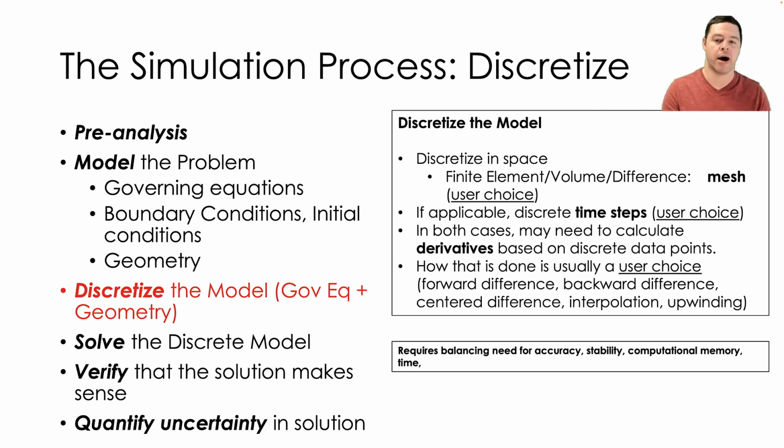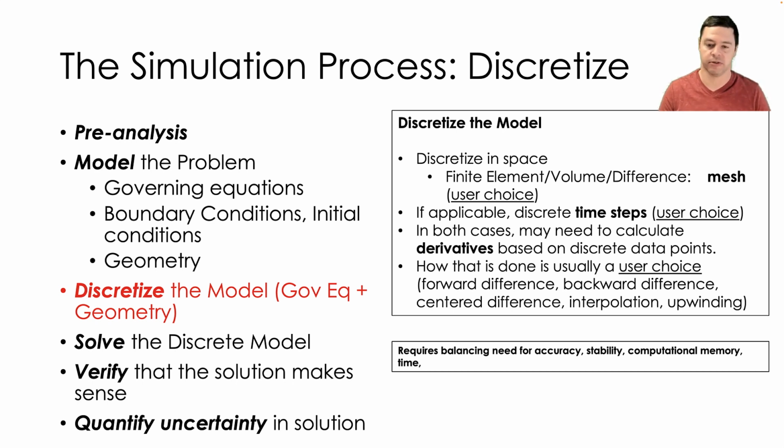So how you model the derivatives or that rate of change actually matters too. There are choices like forward difference, backward difference, centered difference, upwinding in the case of CFD solutions and things like that. These are all user choices, and those user choices have consequences.